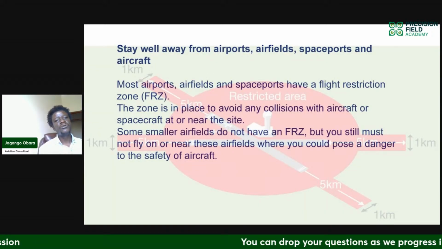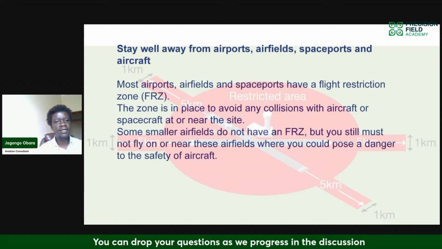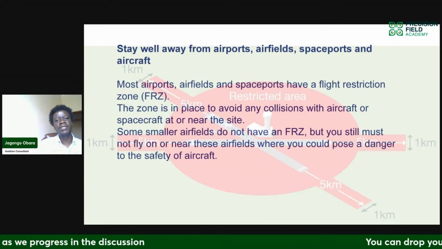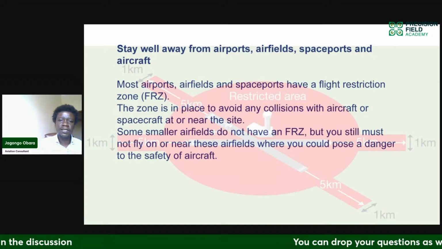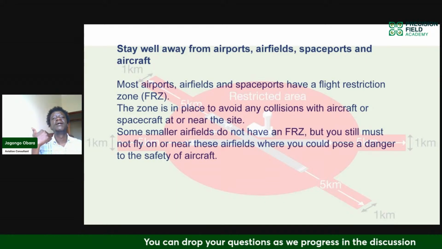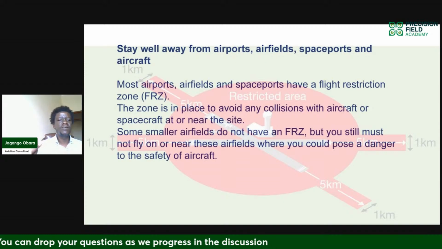Also, we want to, as much as possible, stay away from airports, airfields, or spaceports and aircraft. And this is not only limited to staying away from aerodromes. This rule also applies to critical infrastructure. We do not want to fly in the vicinity of State House.